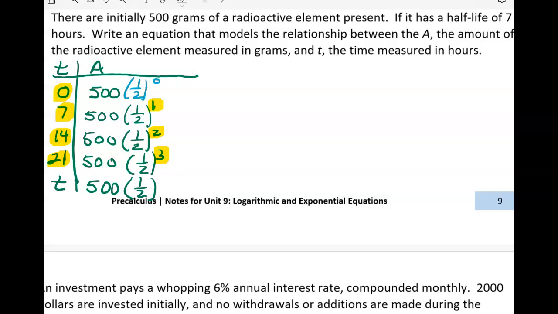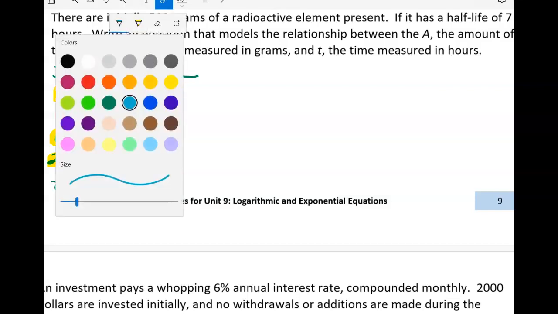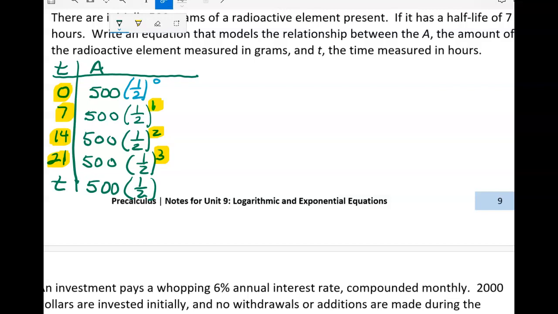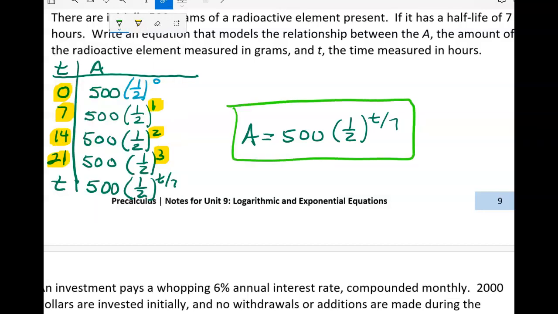So you'll notice that the exponents are a factor of 7 smaller than the value of t. So that means that the amount is 500 times 1/2 to the t over 7. Since we have a fractional base, it is important that you write the parentheses around that 1/2. Otherwise, it looks like only the 1 is being raised to the t over 7 power.